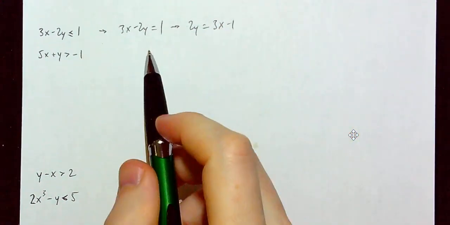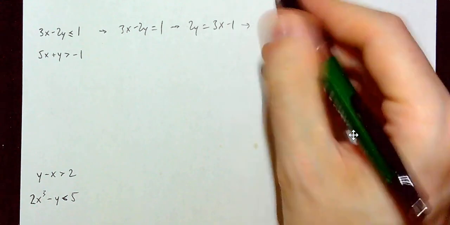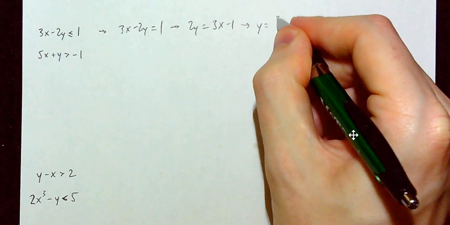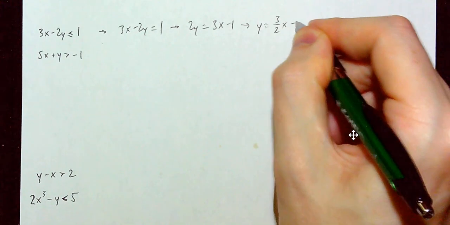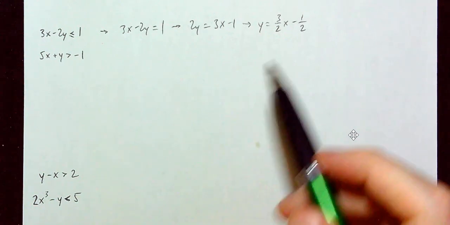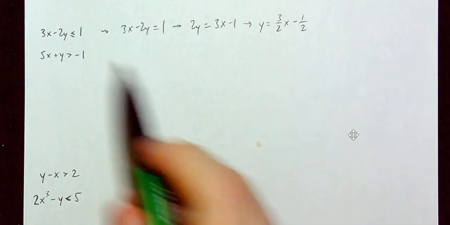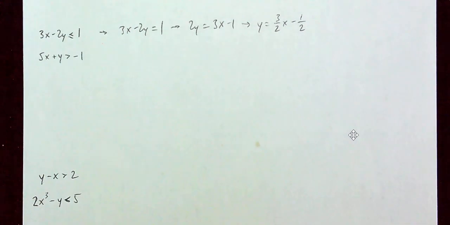Add the 2y onto both sides, then subtract the 1 from both sides, and then divide both sides by 2, to give me 3 halves x minus 1 half. I know that when I graph this line, it's going to have to be a solid line because it's less than or equal to.